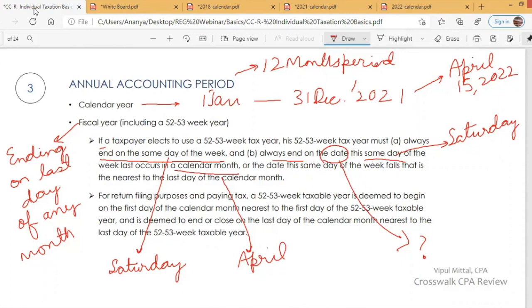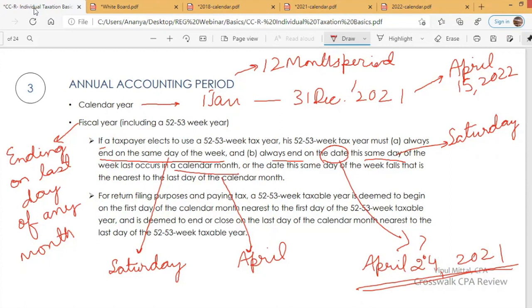That is, it will always end on Saturday, and always end on the date this day, that is Saturday, last occurs in April. So in this case, this date is April 24th, 2021. This is the day on which my tax year is ending.